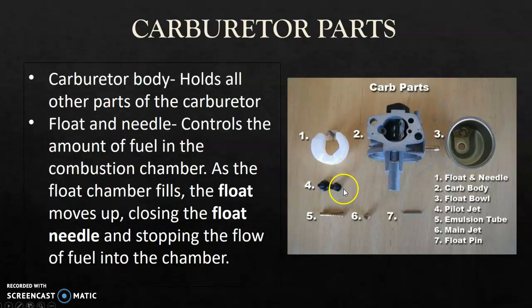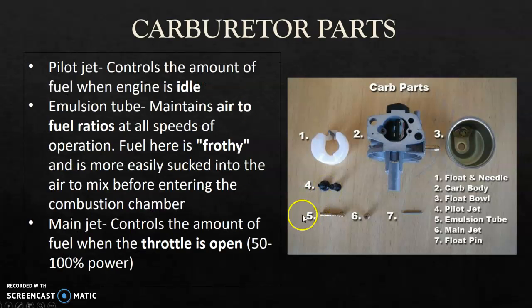Okay, the pilot jet is right here, and it controls the amount of fuel when the engine is idle. That's that little black piece right there. There's also typically an emulsion tube, which helps maintain the correct ratio of air to fuel without simply operating on one single vacuum principle.